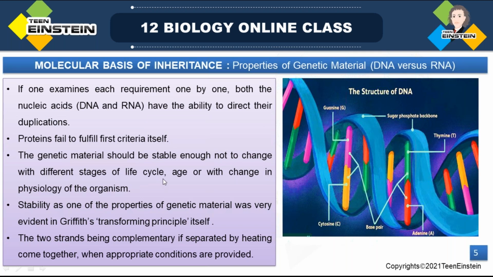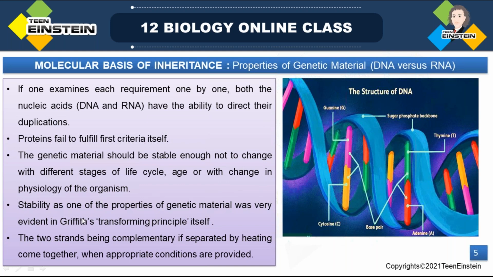They should have a proper chemical structure that should not get changed always. It should not change with the life cycle, age, or the change in physiology of the organism.